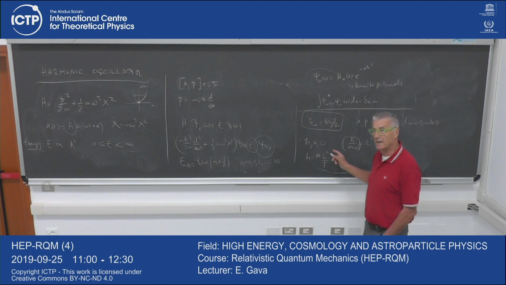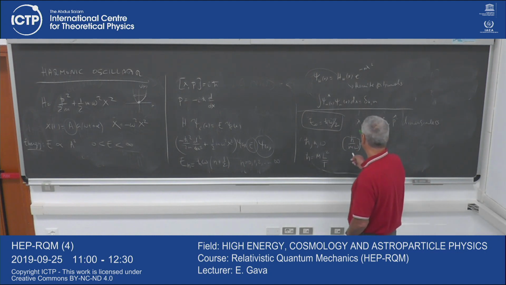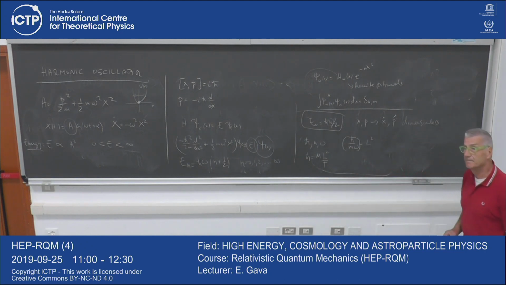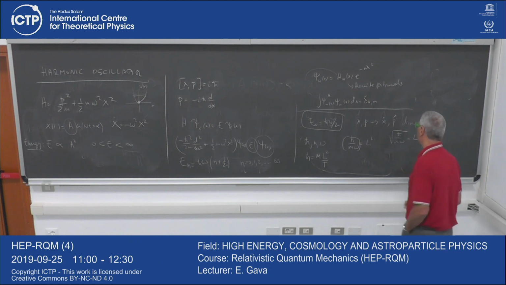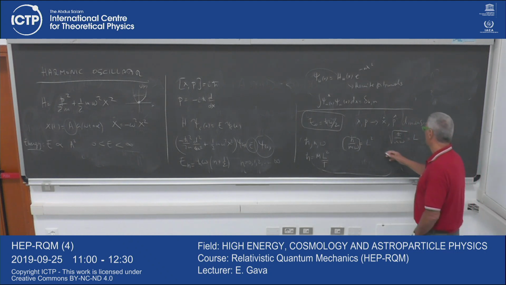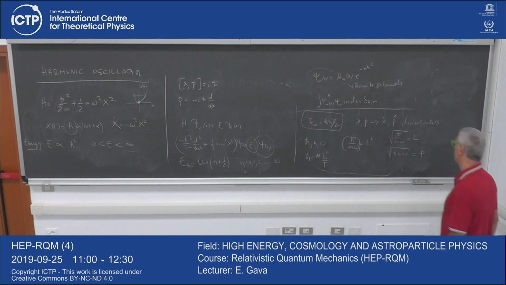So the m cancels with that, the 1 over t cancels with omega, which is 1 over t, and what remains is a length squared. So the square root of h bar over m omega is a length. And on the other hand, a momentum can be constructed by taking the square root of h bar m omega.